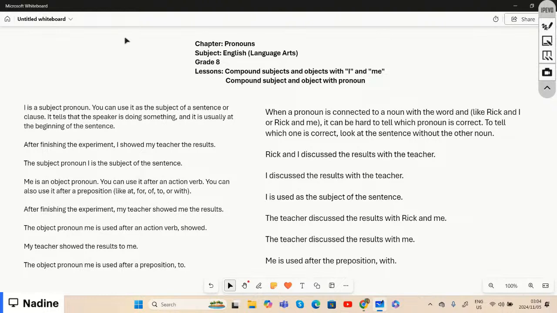And the lessons that we are focusing on today are compound subjects and objects with I and me, and compound subject and object with pronouns. All right.